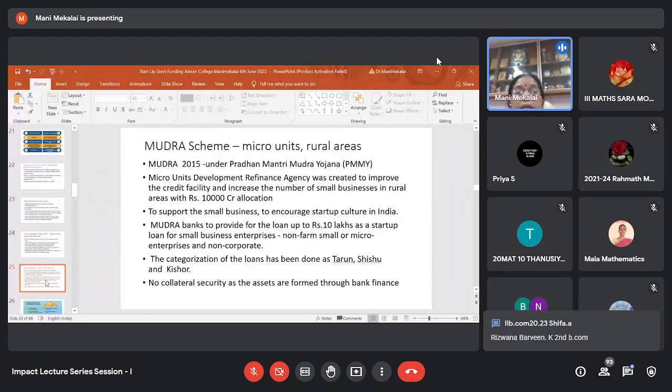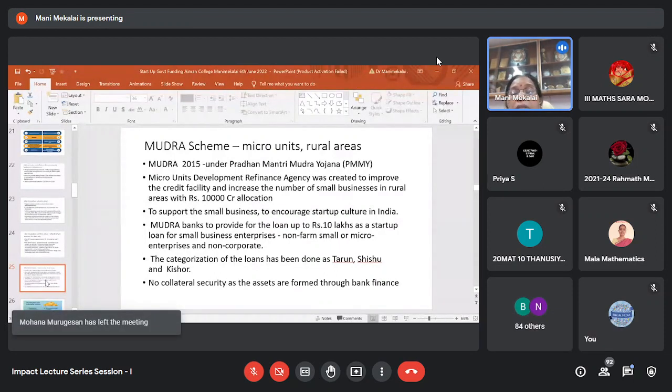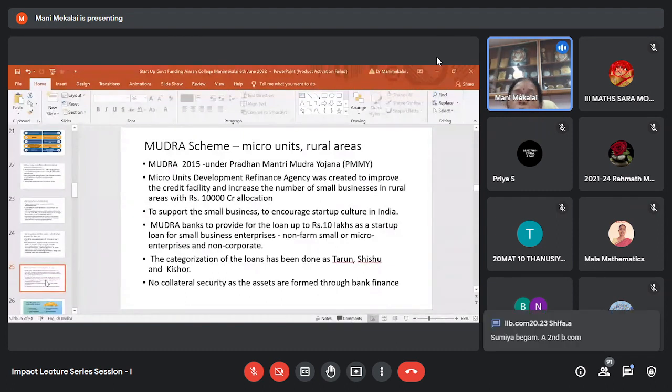And it was started in 2015 under the Pradhan Mantri Mudra Yojana scheme, PMMY, and they have allocated some money also. If you have an example, I was talking about running a canteen in your own college. If the management offers that support, you need some investment, isn't it? So you can directly approach the Mudra scheme, where you can apply. If you go to the district industry centers or go online, you will download the application and spell out all the requirements.